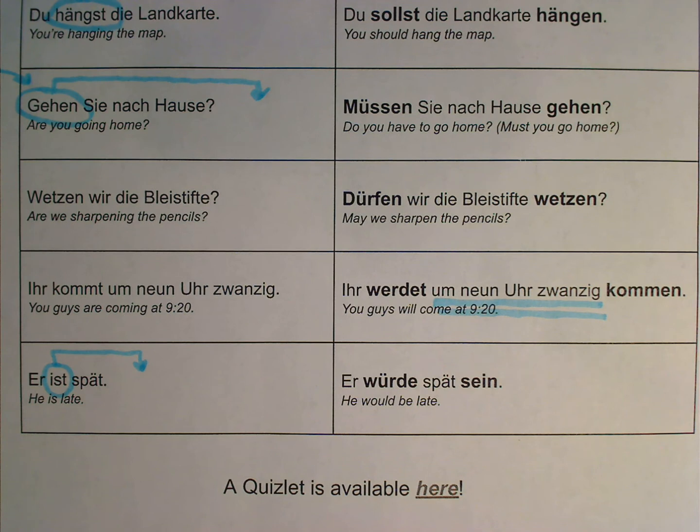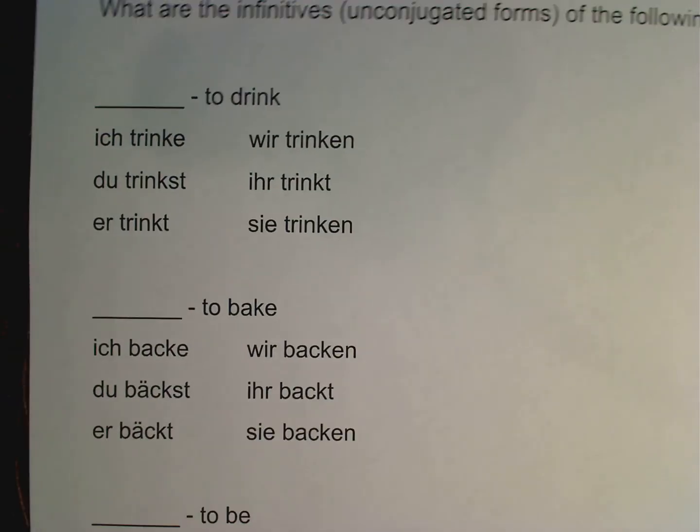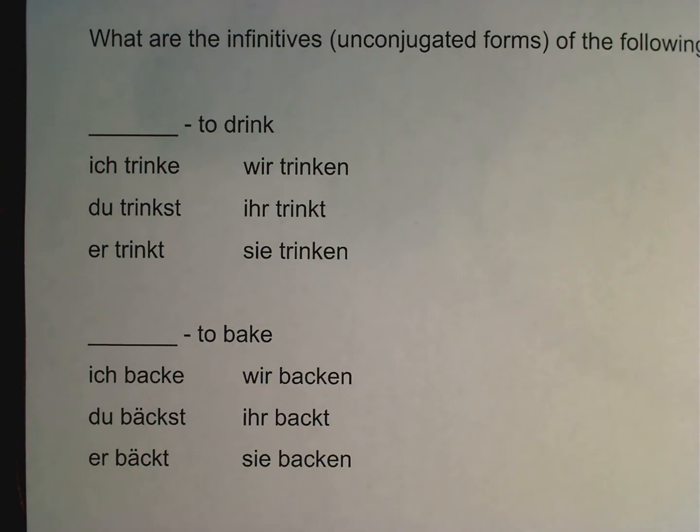It's important, as you can see, to correctly be able to unconjugate a verb. Sometimes it's easy. Let's take a look at the verb trinken. We want to find out what is the unconjugated form of this verb.